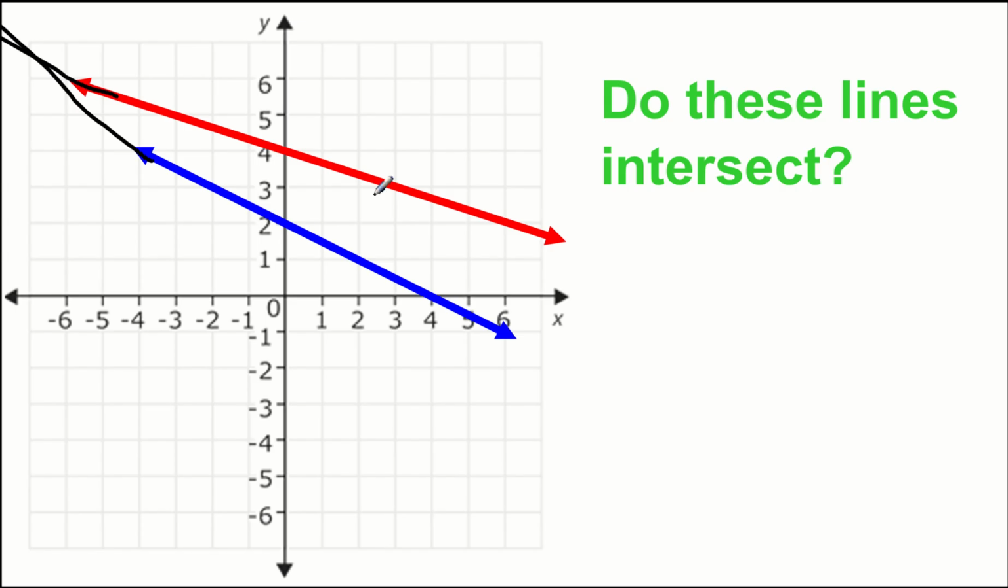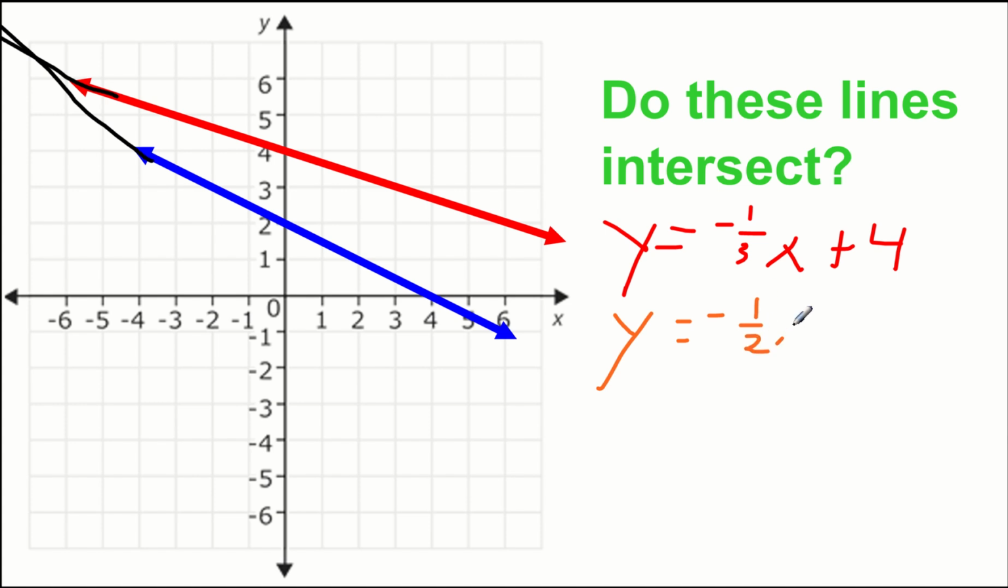This red line would be y equals negative 1/3 x plus 4. The blue line is y equals negative 1/2 x plus 2. Those are lines that would intersect.